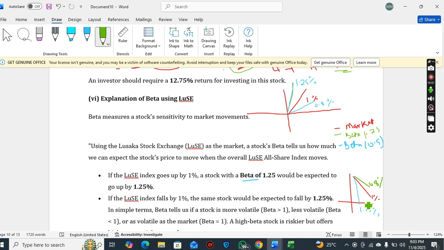A higher beta means your prices will grow higher than the stock index, and when it's dropping, it will drop lower than the stock index. A lower beta means when the stock index goes up, your price will go up but lower than the stock index. Yes, any questions?